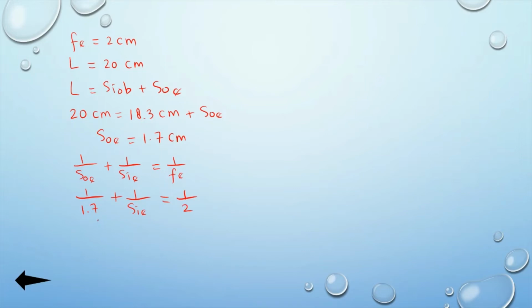So 1 over SIE equals 1 over 2 minus 1 over 1.7 centimeter.